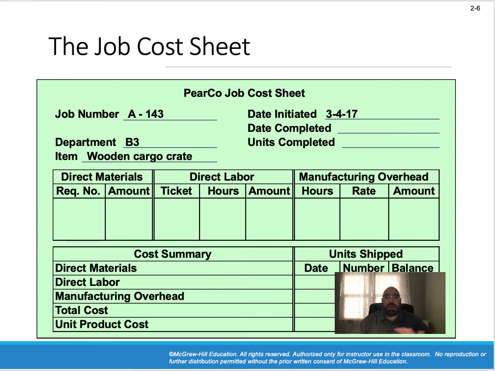Okay, so right off the bat, because this customer has a specific order, they need wooden cargo crates with a specific dimension. Let's say, I don't know, 2 feet by 4 feet. Another customer, however, might need wooden crates with different specifications.